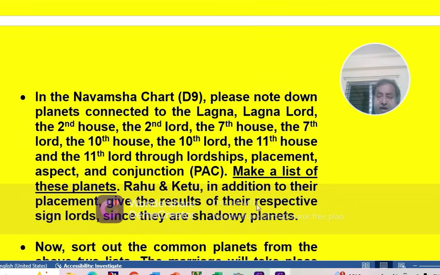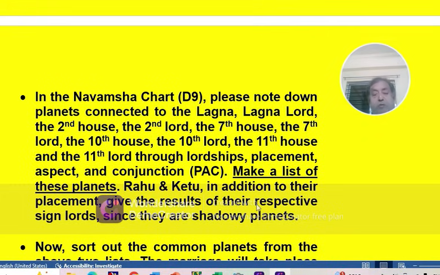The second point is that in the Navamsha chart D9, please note down planets connected to the Lagna Lord, the 2nd house, the 2nd lord, the 7th house, the 7th lord, the 10th house, the 10th lord, and the 11th house and the 11th lord through lordships, placement, aspect, and conjunction, PAC.